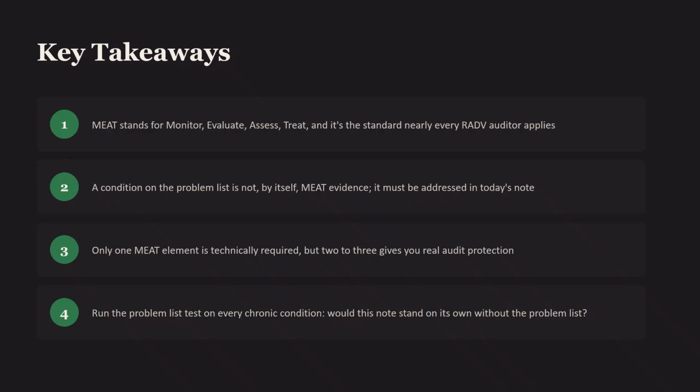So it's one habit that's applied consistently and could be the difference between documentation that looks fine and isn't, and documentation that will actually survive in the case of an audit, okay? So that's why.